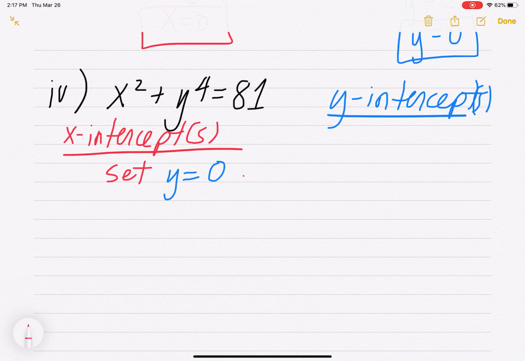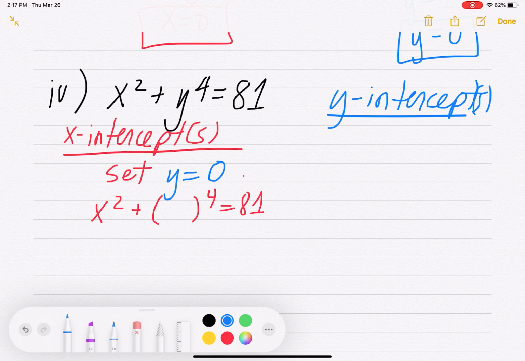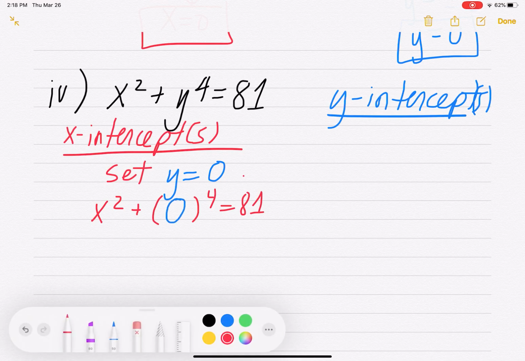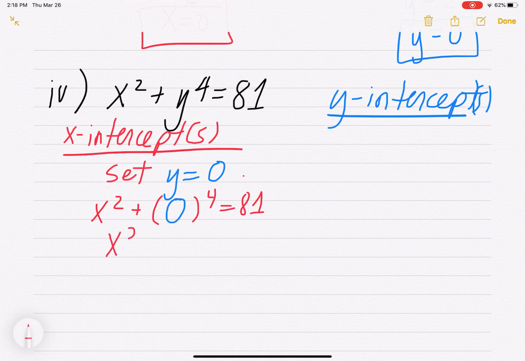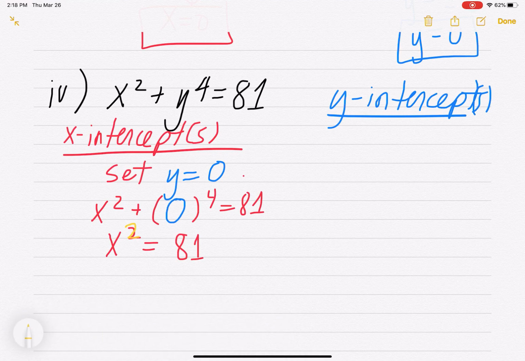So that means I'm going to make a template, x squared plus blank to the 4th equals 81. I'm plugging in 0 for y, and 0 to the 4th isn't going to give me anything. It's non-contributing, so we just get x squared on the left equals 81. So here we have an even power equation, x to an even power equals a number.